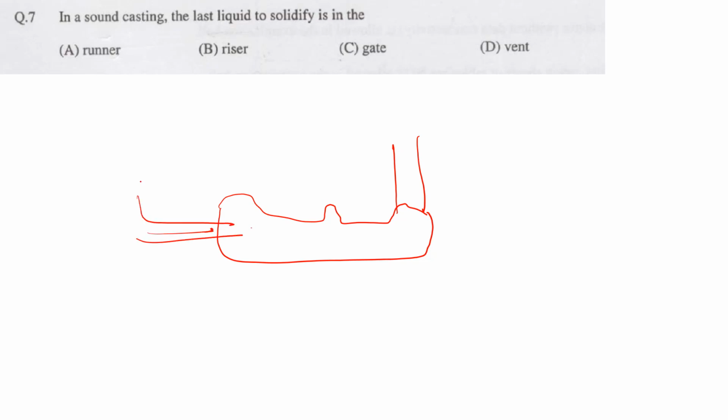This will be like a sprue, then gate, ingates like this. When you put the molten metal, it will fill this cavity, and after that it will rise a bit in the riser. Now where do you think the liquid metal should solidify at the last?